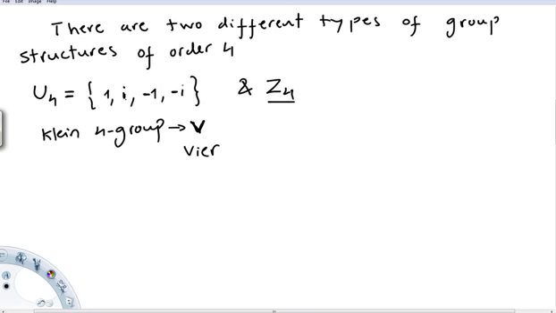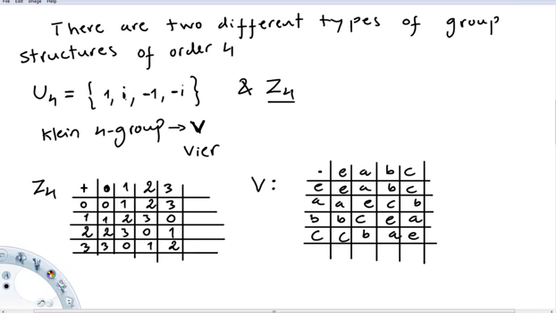Since I did not introduce certain group theory concepts here, I'm going to show you this through the Cayley tables, okay? So on the left you have the Z4 Cayley table. Do not forget this is addition modulo 4.